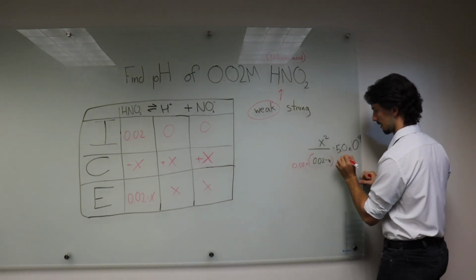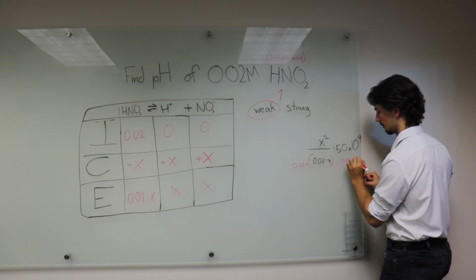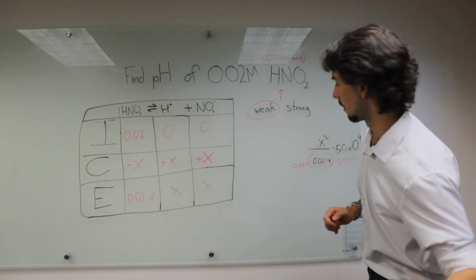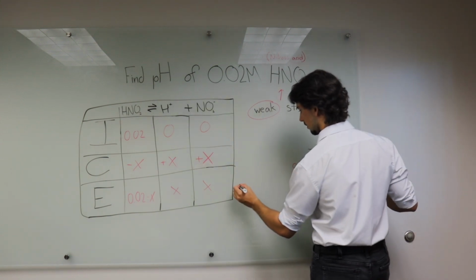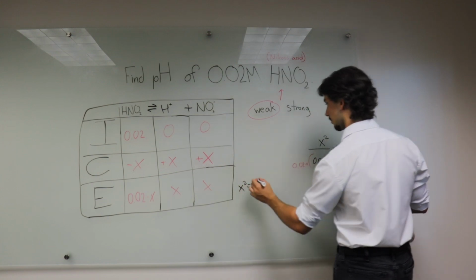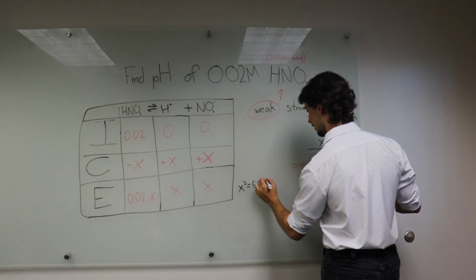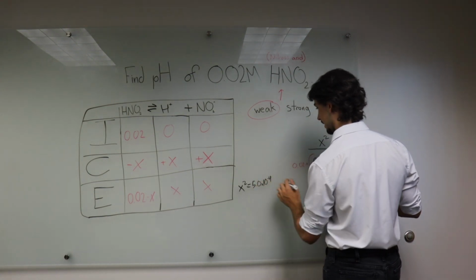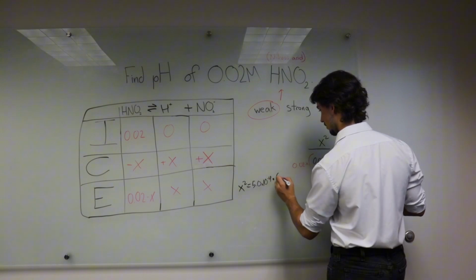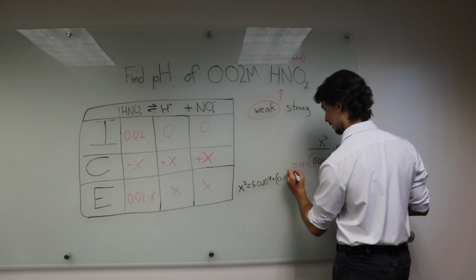And then we'll multiply this times 0.02 minus X. You can rewrite this now as X squared is equal to 5.0 times 10 to the negative 4th times 0.02 minus X.